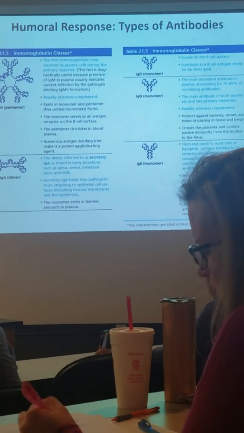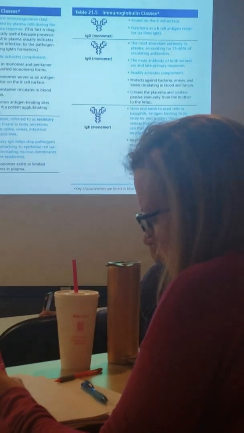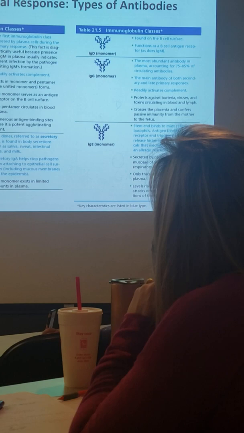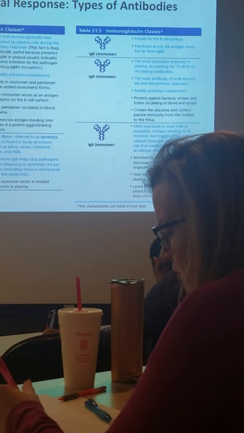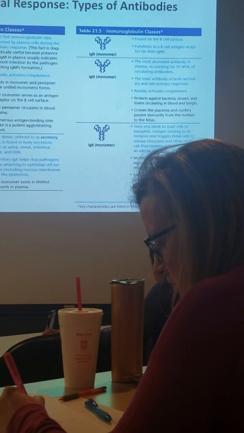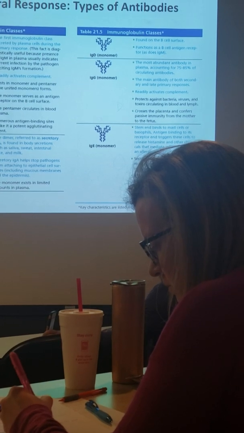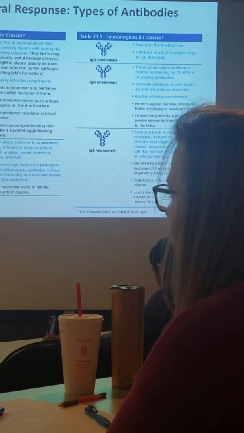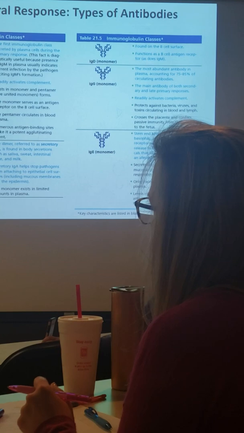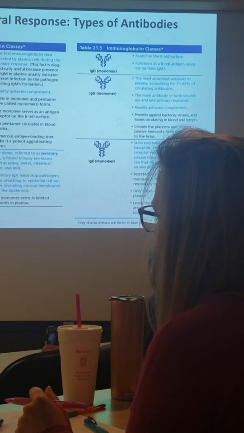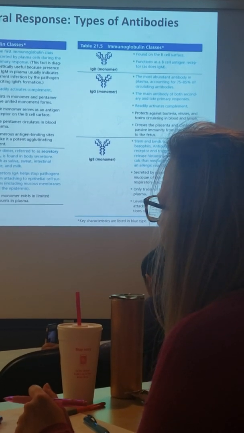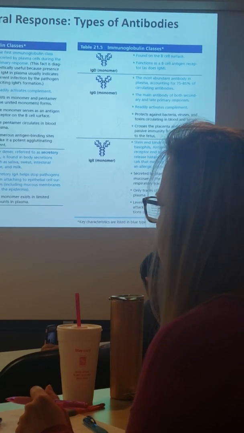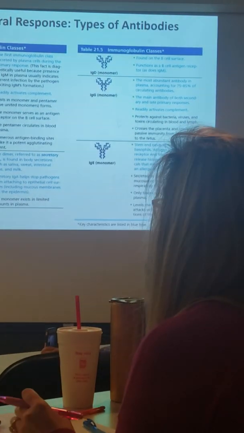Not only that, it does the most jobs, okay? Remember earlier I said that the variable region is what binds to your antigen, but the constant region is what gives it like the response. If you are an IgG, you have like all of the responses, which we'll talk about in just a minute.